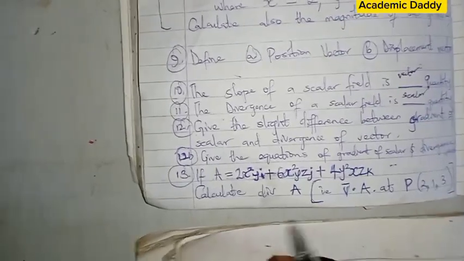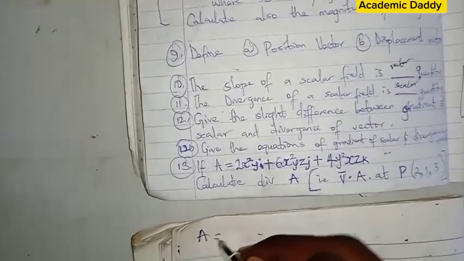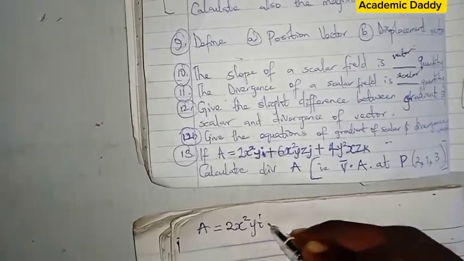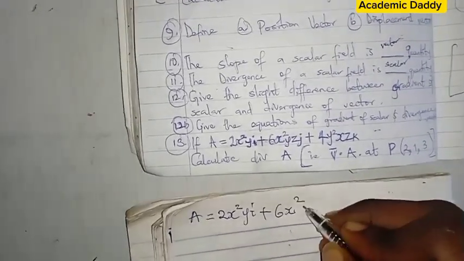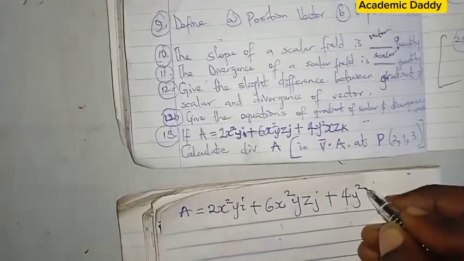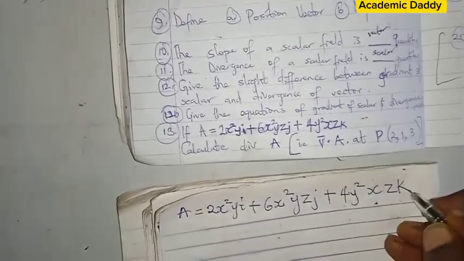So let me write out the question. A is equal to 2x squared y i plus 6x squared yz j plus 4y squared xz k.